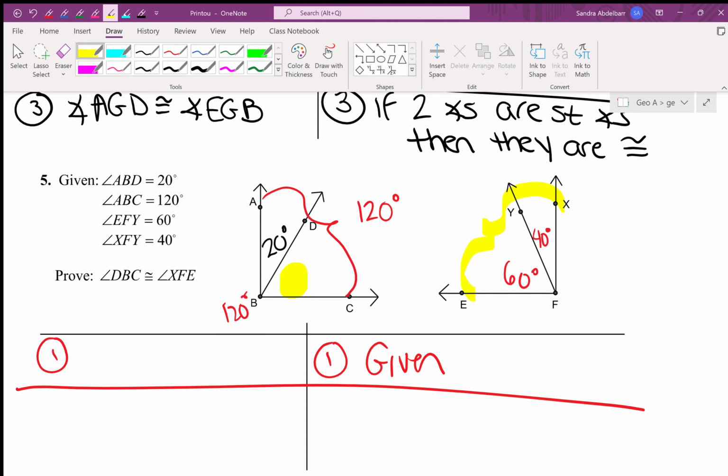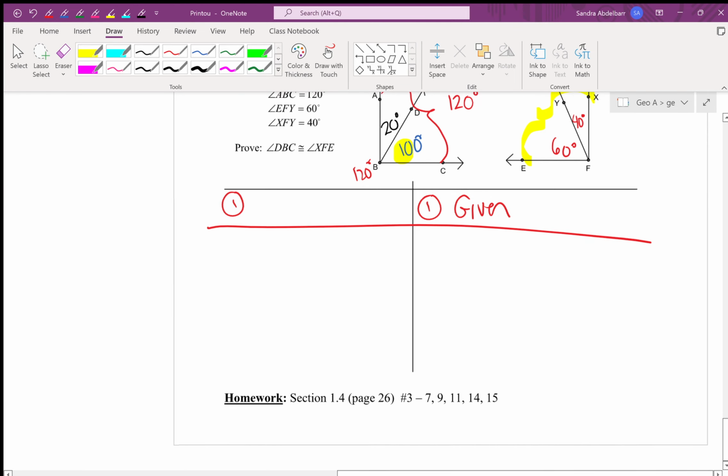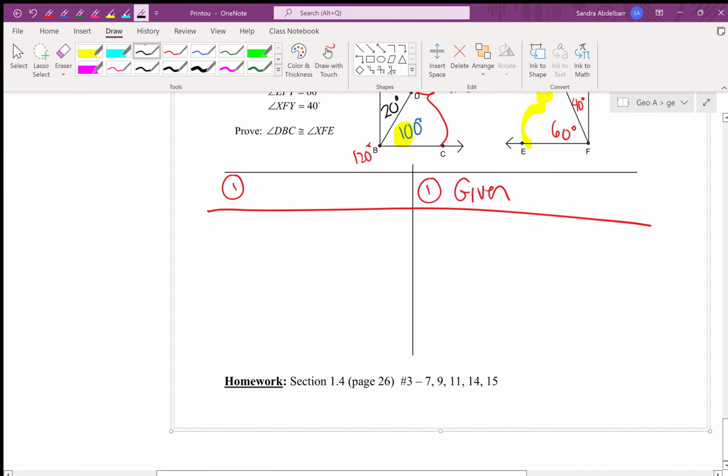No, but can we find a measure? We do angle ABC minus angle ABD to get angle DBC. And what is it? It's 100 degrees. We're going to do 120 minus 20. We're not going to write down the angles that we're subtracting. All we do is write down the final angle that we need. So angle DBC equals 100.